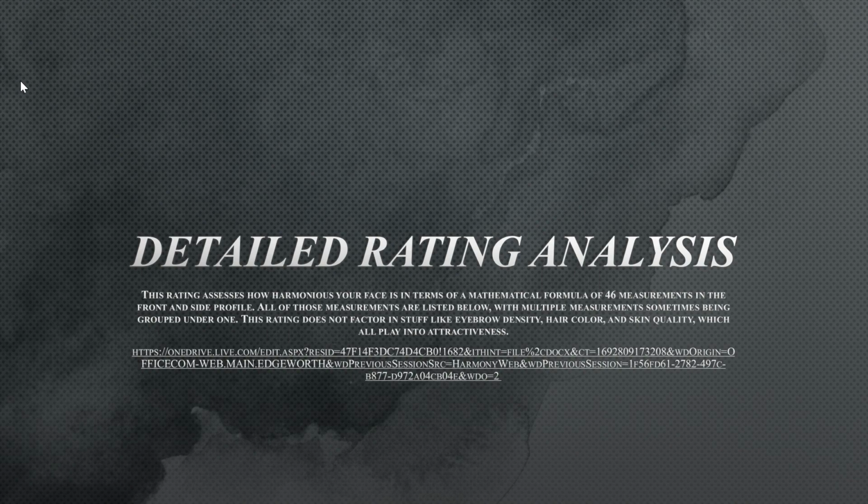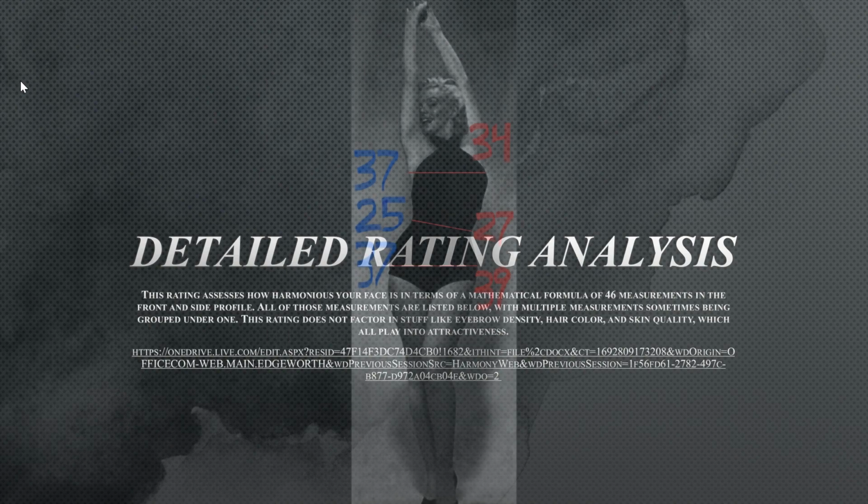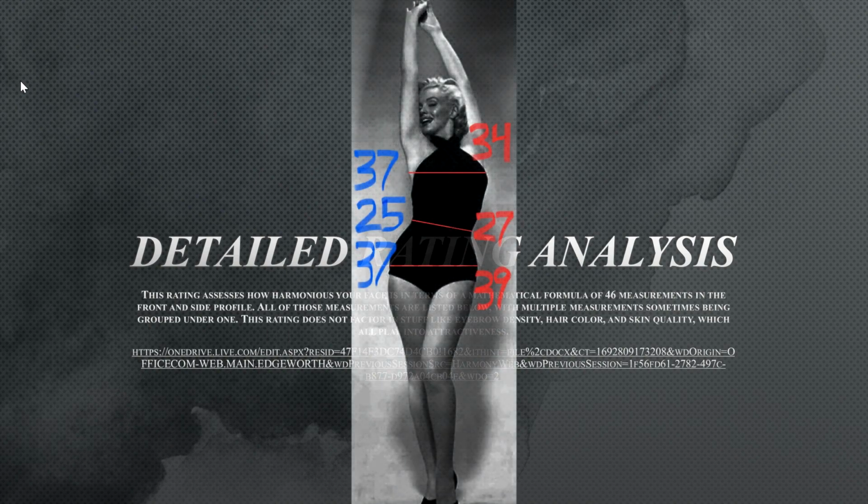So I'm gonna just put these two pictures right next to each other, and the red area is what their measurements are, and then the blue area is what the measurements should be. So this is, I believe, the 90-60-90 rule, and pretty much the body should be somewhat of an hourglass figure, which she does have.